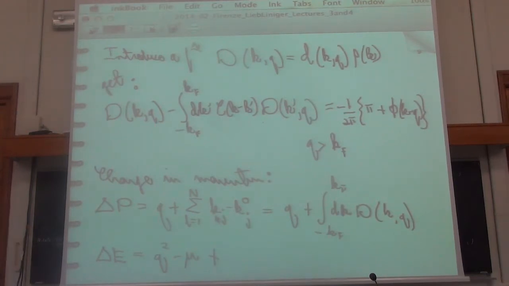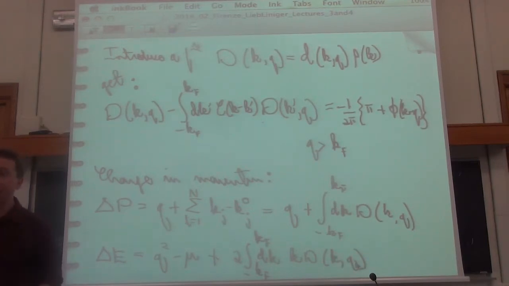Okay, again, the difference between the two is small, so you differentiate the k squared, you get 2k. So the change in energy is just the integral from minus kf to kf dk of k times d of kq. Okay?